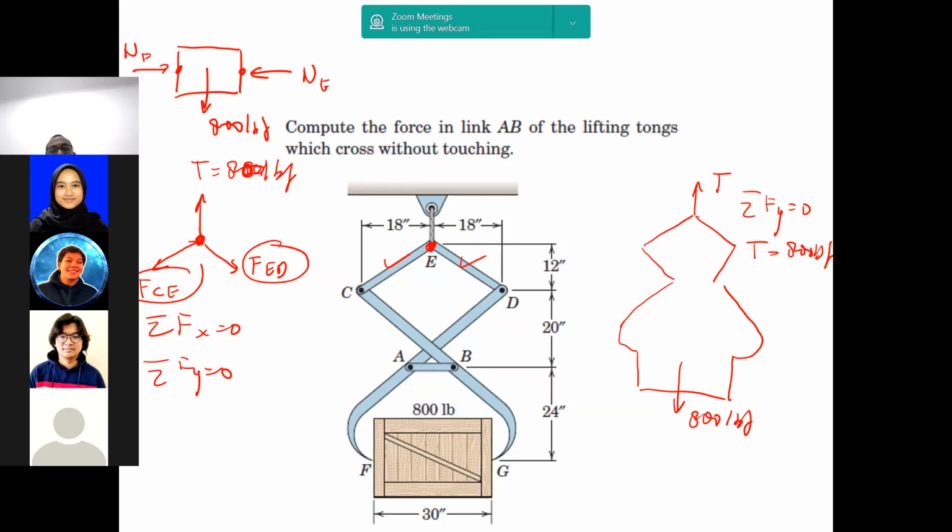Besides the normal force, in order to lift the box, the tongs will need friction, right? It will need friction force in order to lift the weight. So there's supposed to be a friction as well there, friction F and friction G.